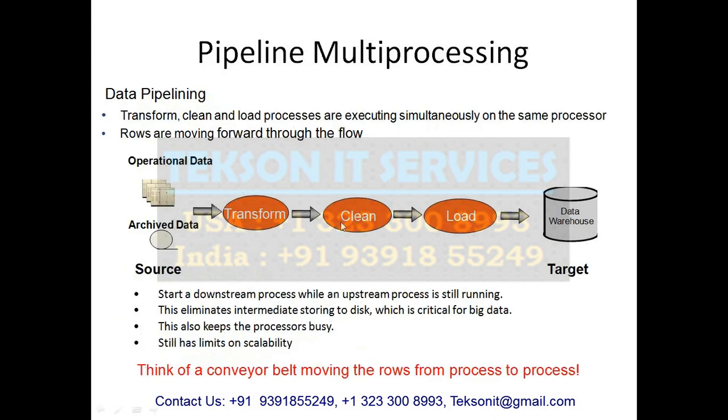Here it is simultaneously processing the rows as they are transformed. There is no temporary disk to store the data, so we didn't require temporary storage. It keeps on processing, moving from one stage to another stage.